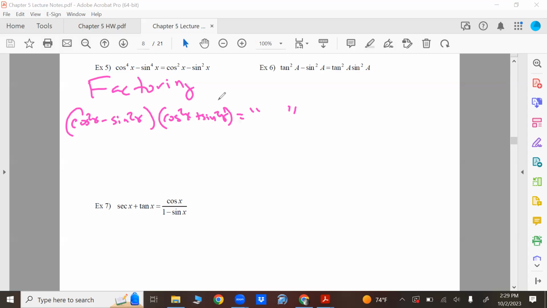And what's cosine squared plus sine squared, guys? 1. And now it's verified.